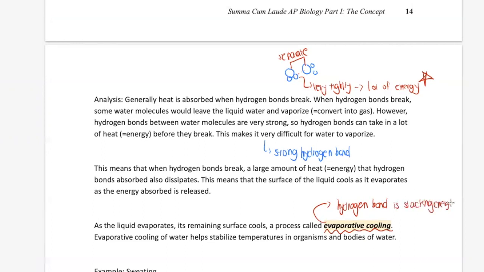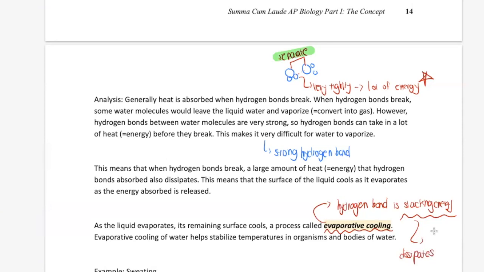And I also explained that when we're vaporizing a water molecule into gas form, we're completely separating the hydrogen bonds between water molecules. Then what happens to the energy that is being stacked between the hydrogen bonds? It just dissipates, meaning that it's going away.